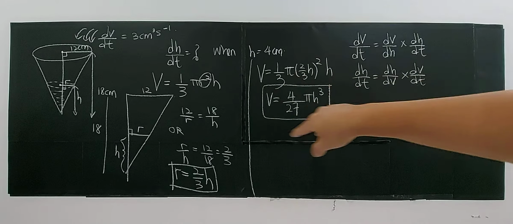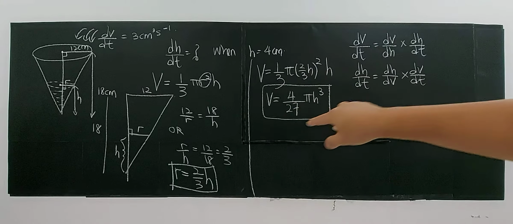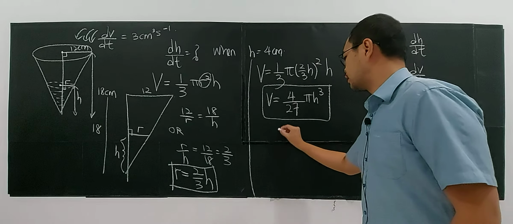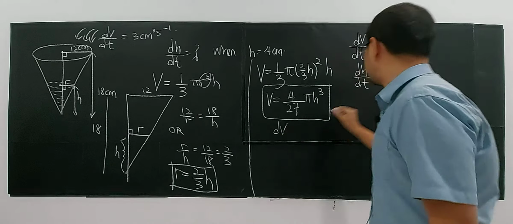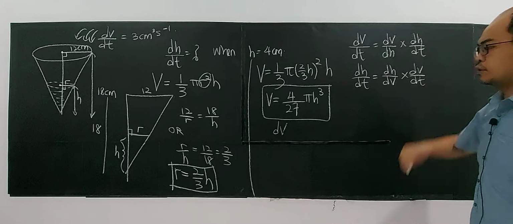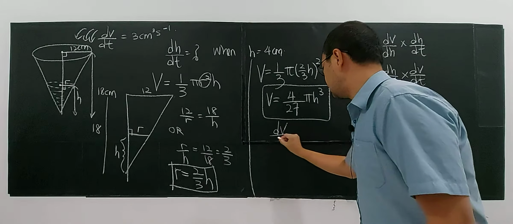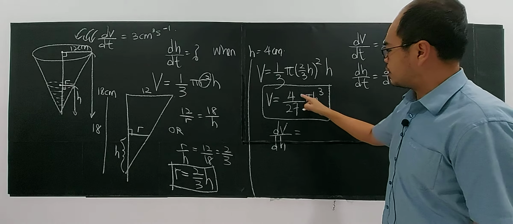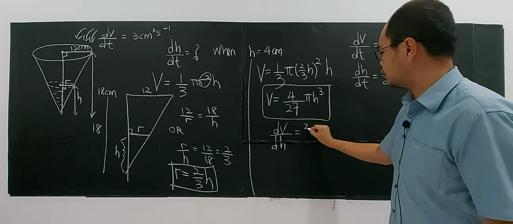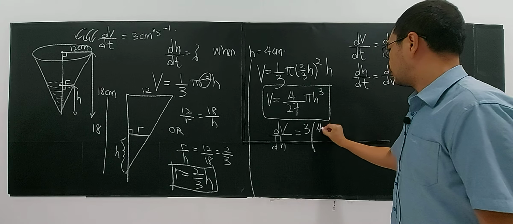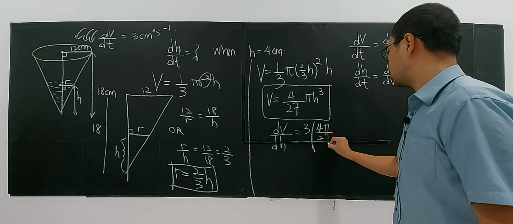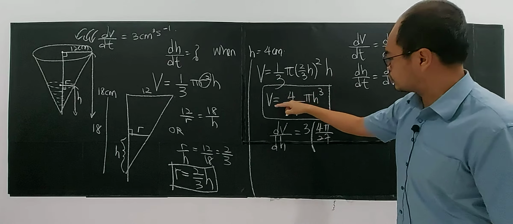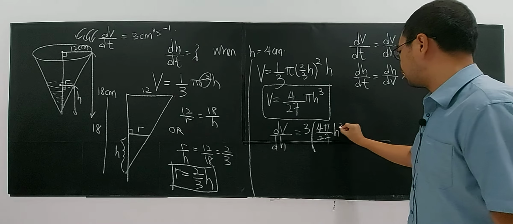So now we're going to consider this one, and we're using this to find our dV dH. So we find dV dH from here. We need dV dH, so differentiate this. Pi is a constant, so you take out the 3, 4 pi over 27, bring down the 3, and the H becomes power of 2.